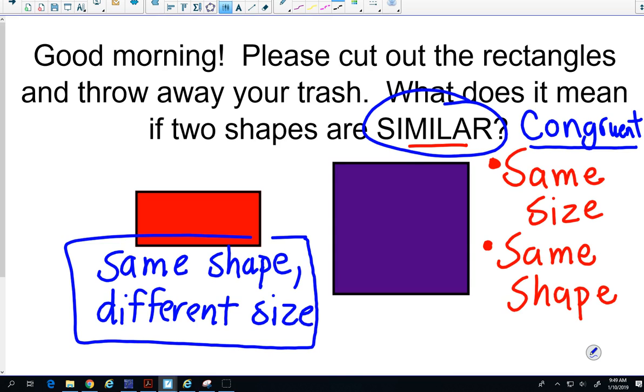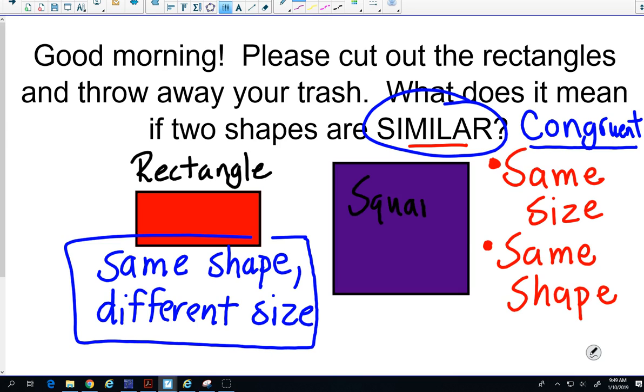Okay, so are those two shapes similar? No. Kosia, you say no. Why? Okay, so she sees that they're actually different shapes. So she's telling me the red one is a rectangle and the blue one is a square.